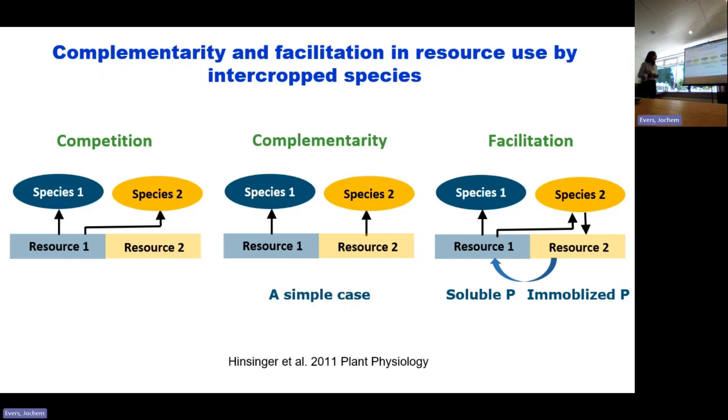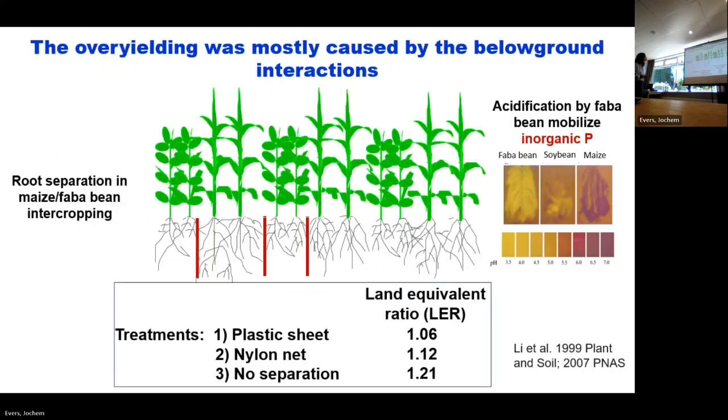For example, for phosphorus, there is soluble phosphorus, so both species can use it. But for the immobilized phosphorus, the cereal cannot use it effectively, but the legume can use it very efficiently, so they can mobilize phosphorus for the other species.